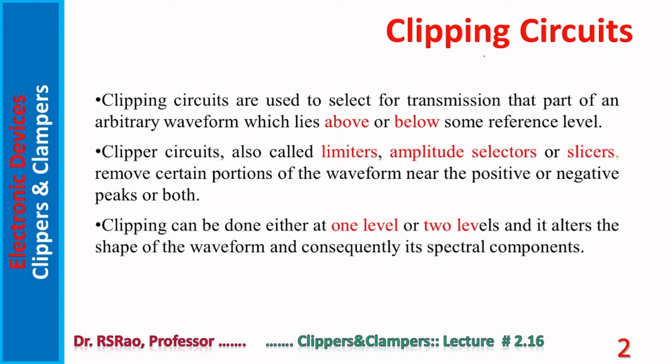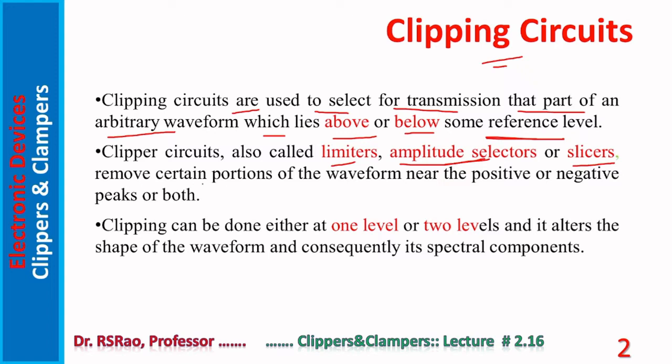We begin the session with a few introductory remarks on clipping circuits. Clipping circuits are used to select for transmission that part of an arbitrary waveform which lies above or below some reference level. Other names are also there for clippers: limiters, slicers, amplitude selectors.